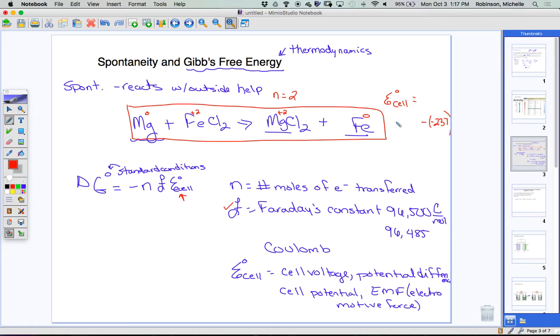This number is really negative 0.45 volts. So negative 0.45 minus a negative 2.37 is going to give us some positive number. What is that? If somebody hit it on the calculator. 1.92 volts. Can we solve for delta G now? Yeah, because we know everything. So delta G standard is going to be negative 2 times 96,500, and technically that's 2 moles. I should have kept my units.